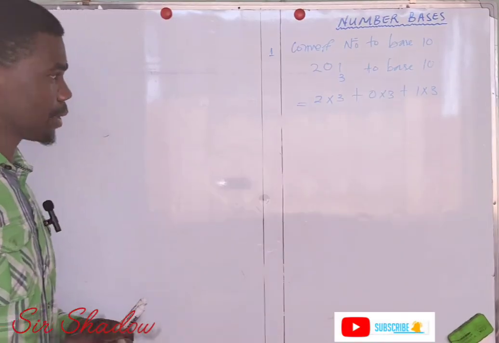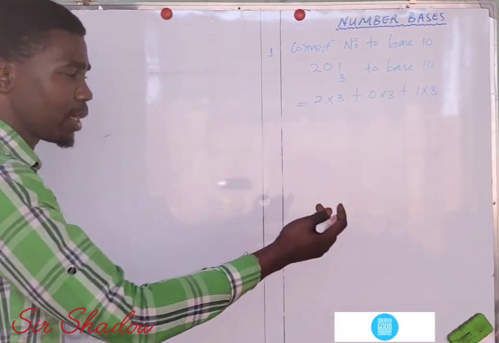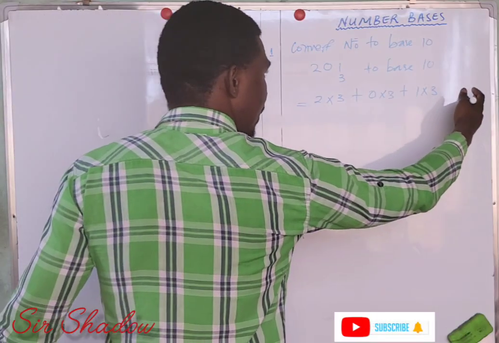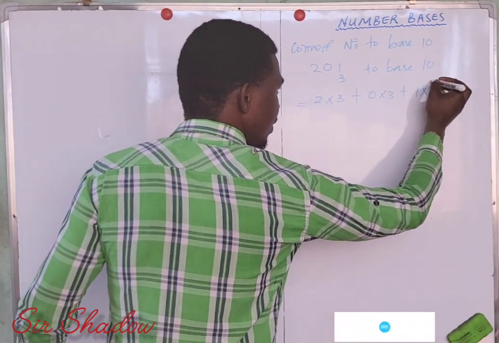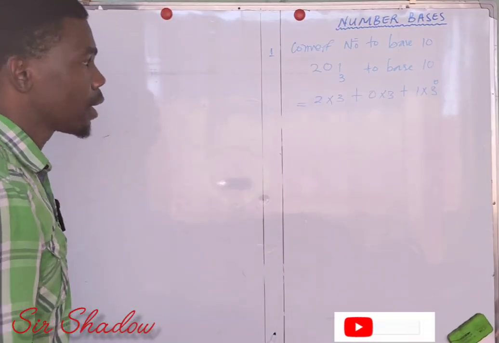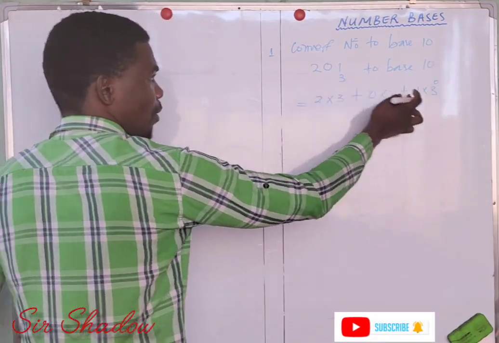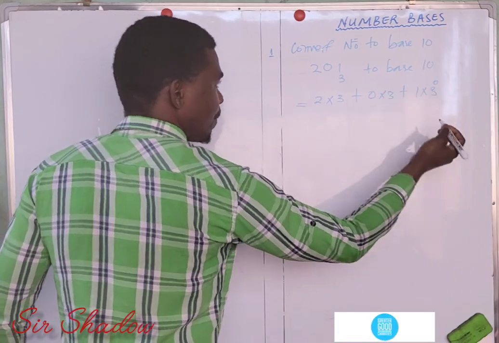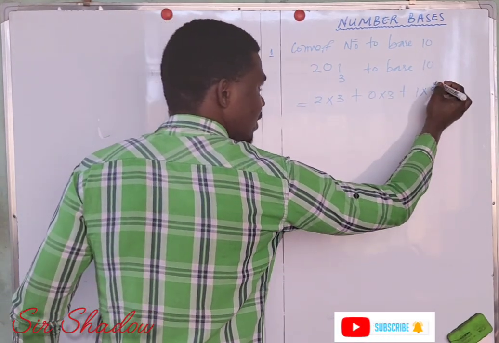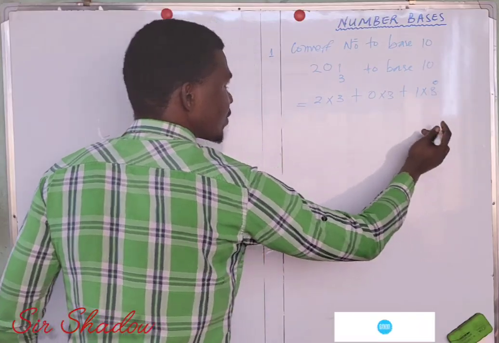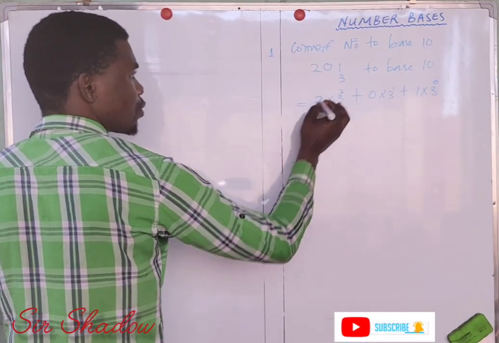From this concept, we have to put the powers, but we put the powers from back to front. We put a power on each and every base, starting from the last digit with 0, then here we put 1, here we put 2.